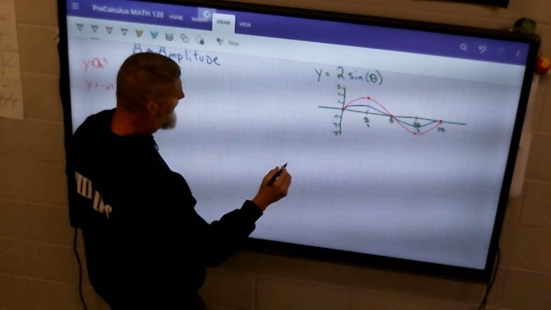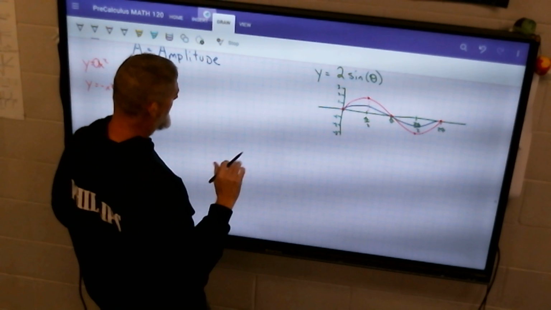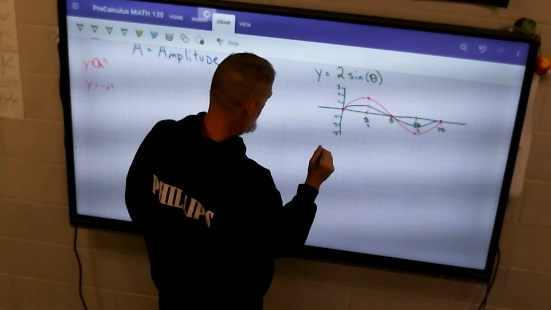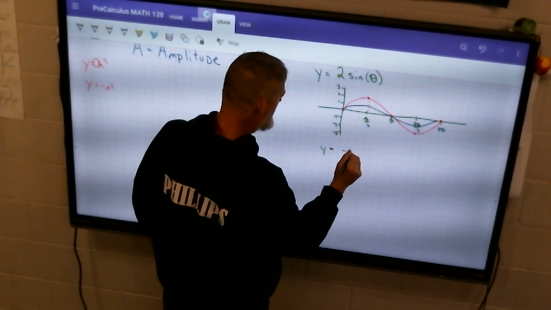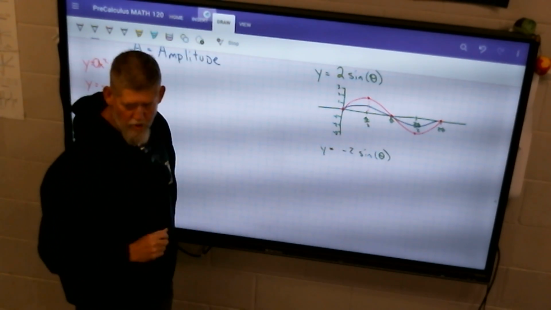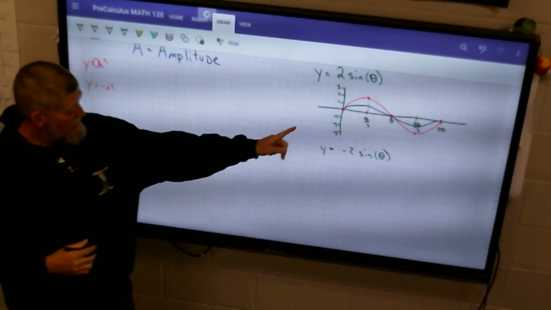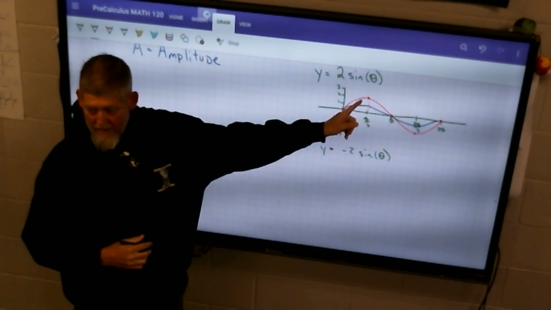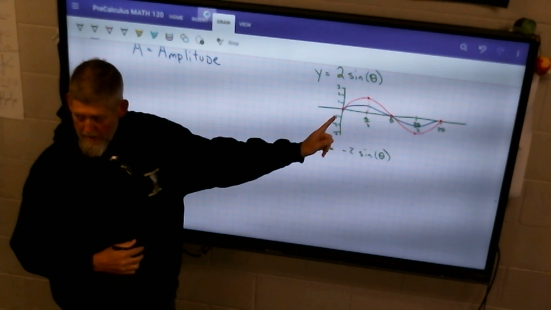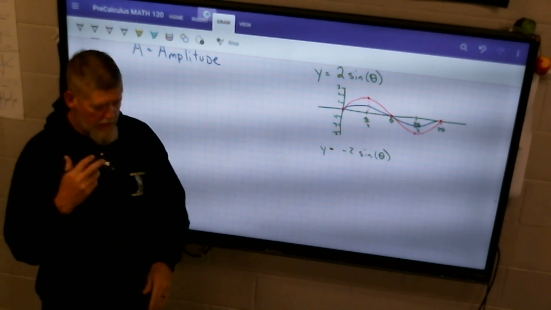Here's a good one. Let's just write it over again. Y equals negative 2 sine of theta. Okay, Sushi, what would that do to my graph? Basically reflecting over the x-axis. Yeah, so rather than going from 0 to the max, I would go from 0 to the minimum. So it just kind of reflects the max and min.